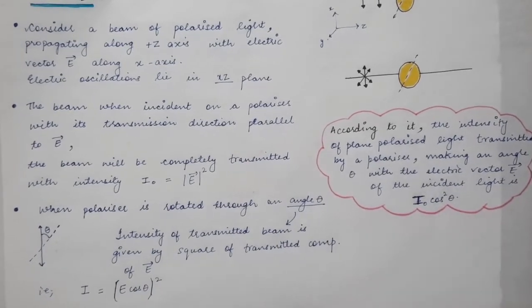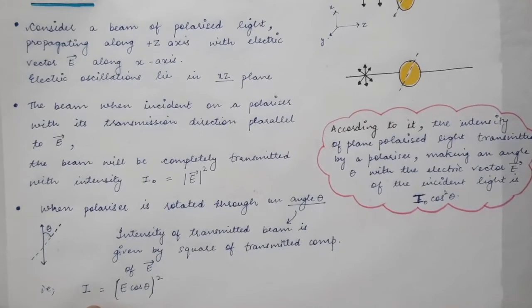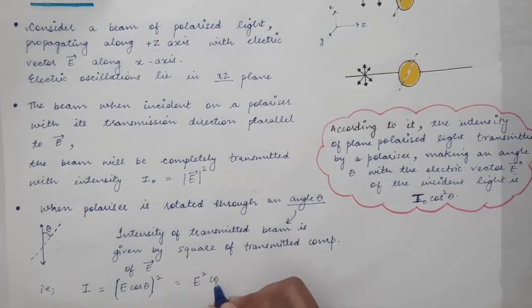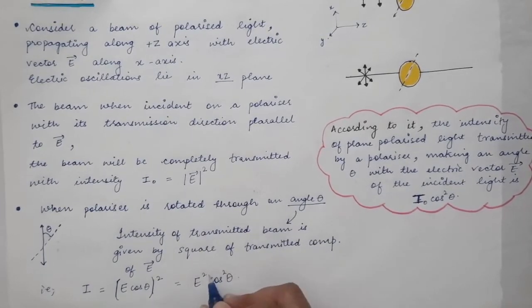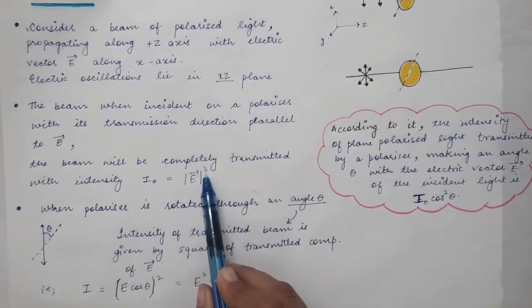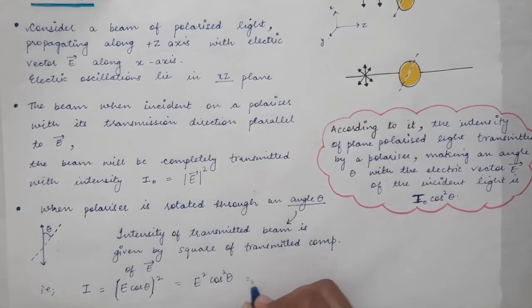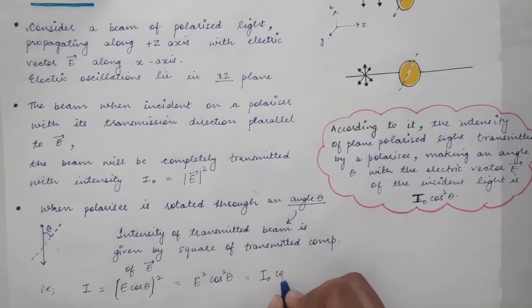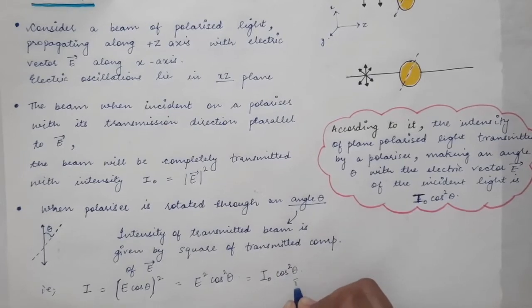So how does this come? The intensity of the transmitted beam is given by (E cos theta) squared, and this can be written as E squared into cos squared theta. And what is E squared? E squared is nothing but equal to I0. So it is I0 cos squared theta.